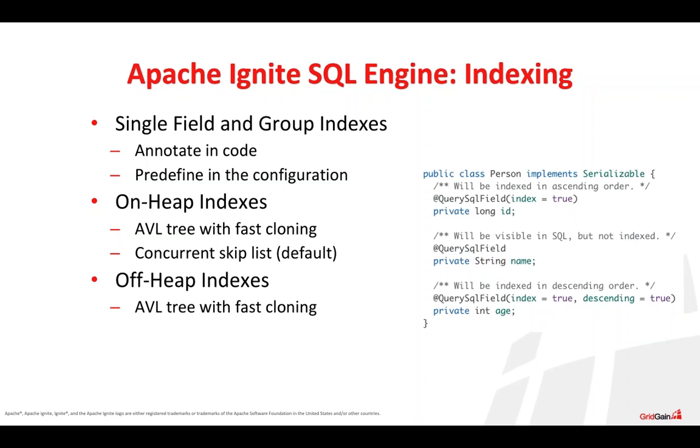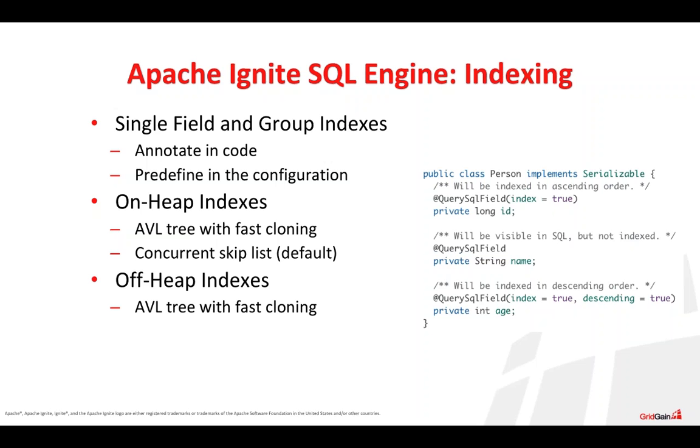The other implementation available to Apache Ignite users, and enabled by default, is based on a skip list data structure. Here, Ignite simply uses the concurrent skip list implementation that is part of the basic Java development kit library.